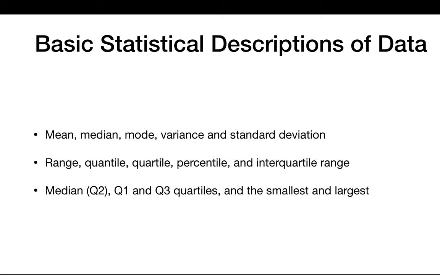So, the basic statistical descriptions of data. Basic statistical descriptions can be used to define the data's characteristics and highlight the data values that should be treated as noise or outliers. To be successful in pre-processing data, an overall picture of your data is essential.